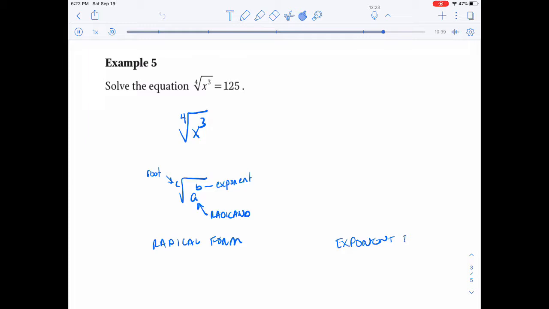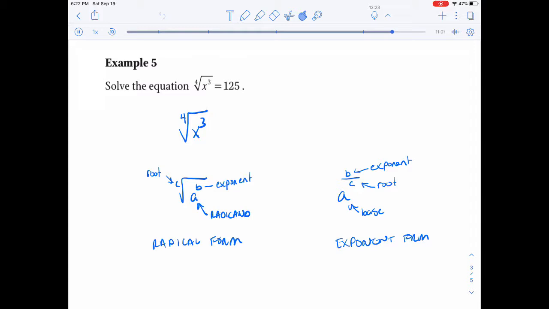Exponent form would be a, which is our base, and then raised to in the numerator our exponent b, so that's our exponent, over in our denominator c, which is our root.